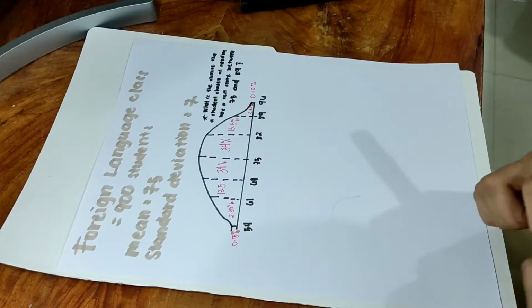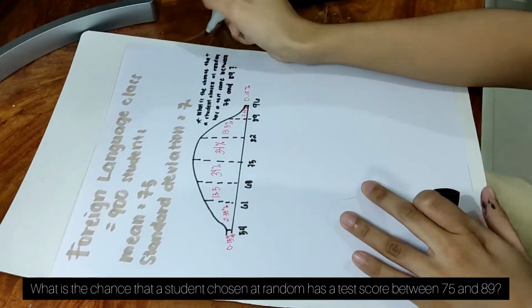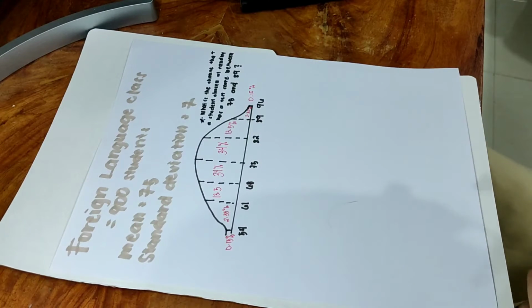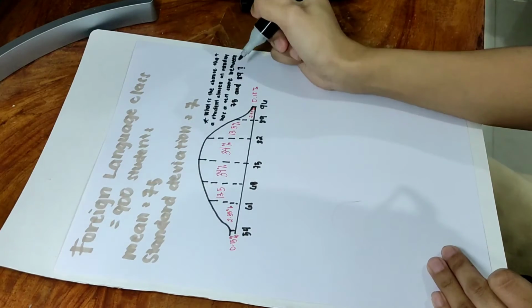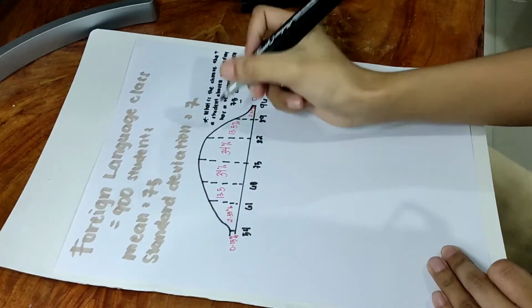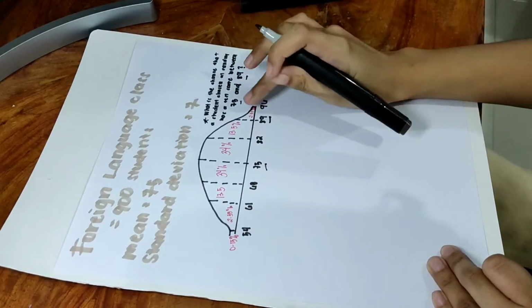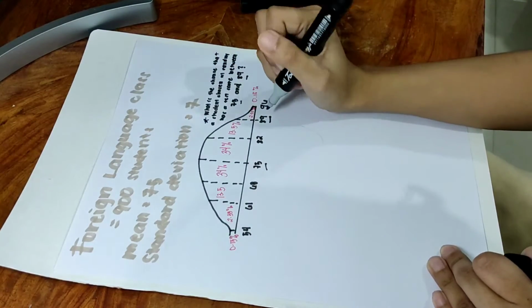So, ang question ay, what is the chance that a student chosen at random has a test score between 75 and 89. Same process sa example number 1. Kaso nga lang, ang hinahanap dito ay between 75 and 89. So, nasan ba ang 75 and 89? Ito ang 75 and 89. Hindi kayo susobra dito dahil hanggang 89 lang, between sa pagitan ng 75 and 89.